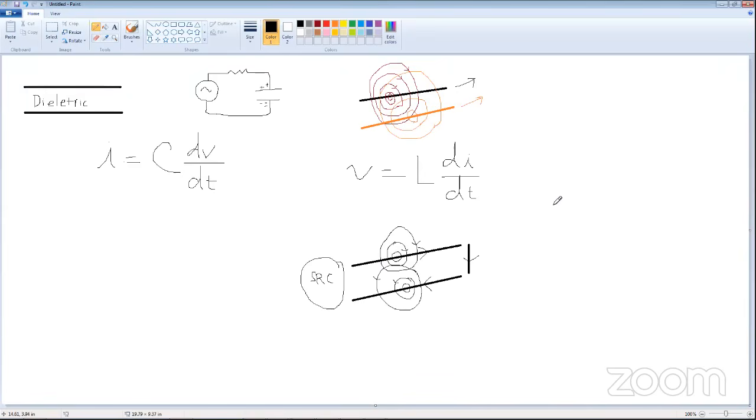When electricity flows in the DC case, electricity is looking for the path of least resistance. In the AC case, we're looking for the path of least impedance. In this case, you have whatever inductance the wire has itself, minus the mutual inductance of the other one. And then you have the same thing happening here in reverse.